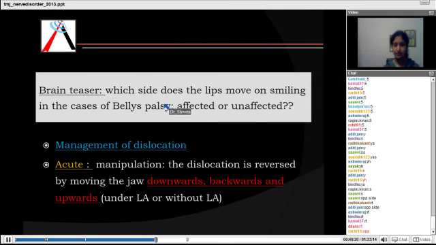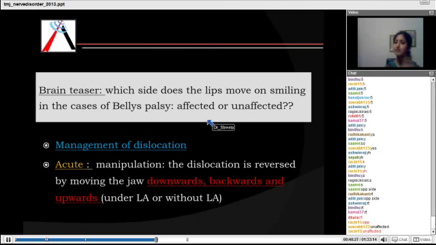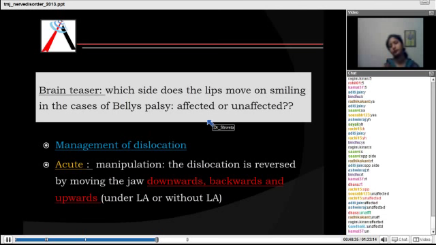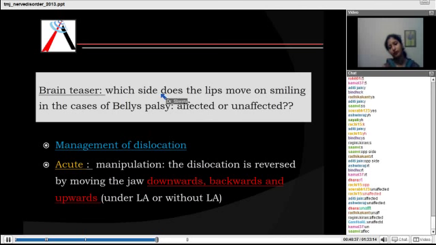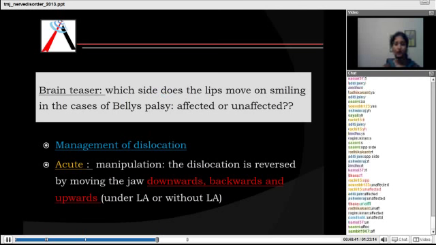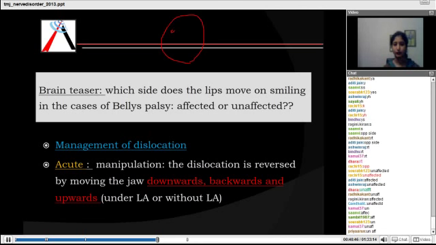Now, there's a brain teaser. Which side do the lips move to while smiling in cases of Bell's palsy? The affected side or the unaffected side? Okay, you have one side affected and one side unaffected.